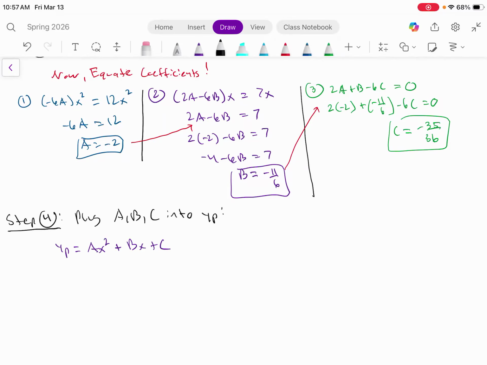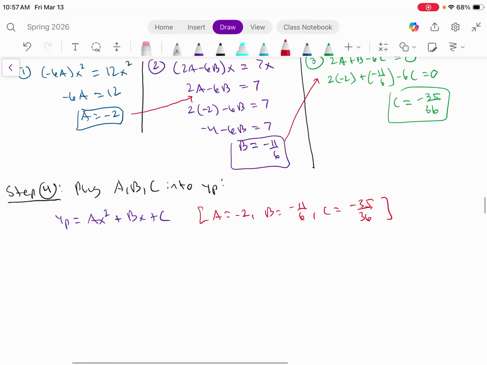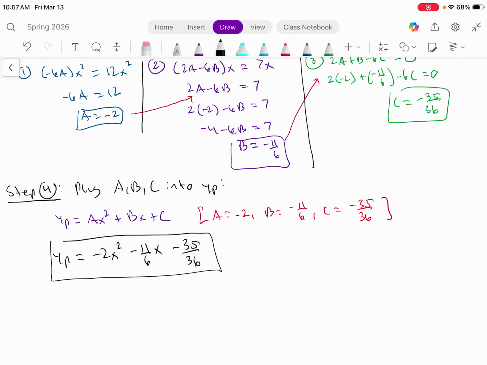And so we have what a, b, and c are. a equals negative 2, b equals negative 11 over 6, c equals negative 35 over 36. So we'll just plug these in. And so our particular solution is negative 2x squared minus 11 over 6x minus 35 over 36. And that's our particular solution.